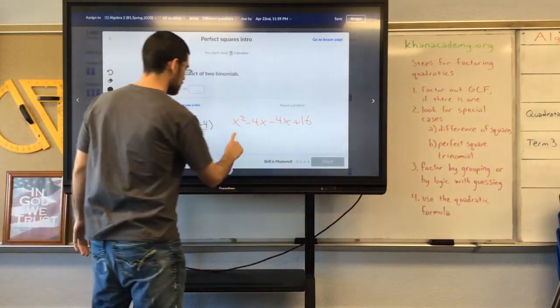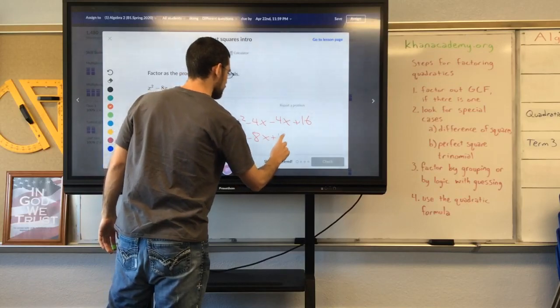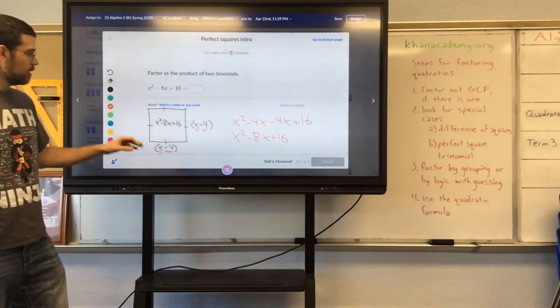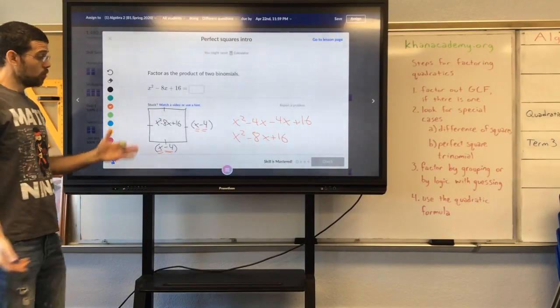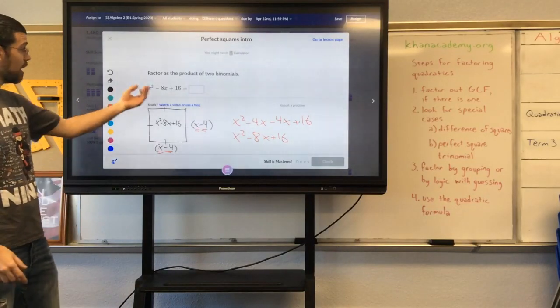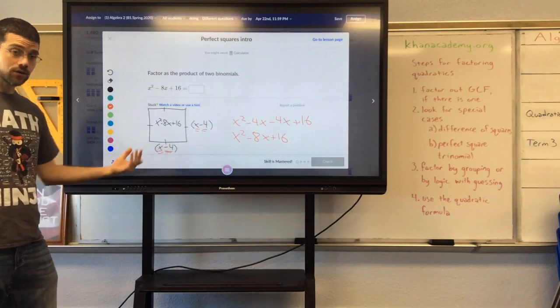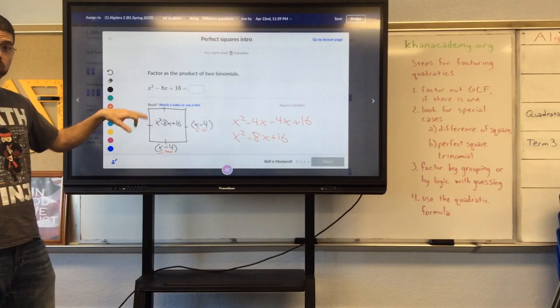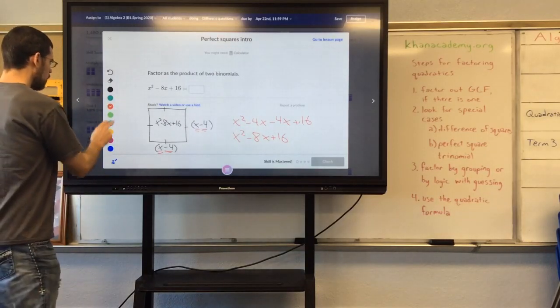That's negative 8x. So x squared minus 8x plus 16 is what we get. All right, so that's the work you can go through if you don't know the pattern. But there is a pattern. If you have a perfect square where these two factors are identical to each other, it's going to hold this same pattern. So let's generalize it.